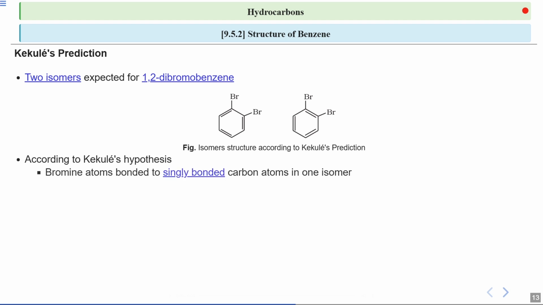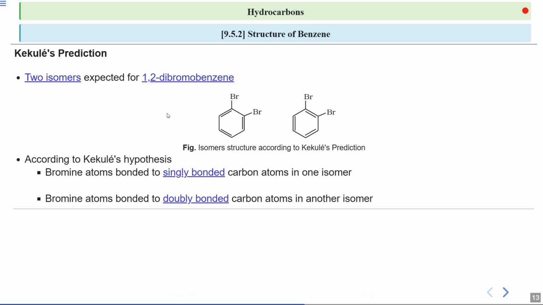According to Kekule's hypothesis, the bromine atoms in the first one are added to singly bonded carbon atoms in one isomer. You can see here that both bromines are across a single bond. Where is the second one? Both bromines are bonded to doubly bonded carbons in the other isomer. So, in the second one, both carbons are attached by a double bond.